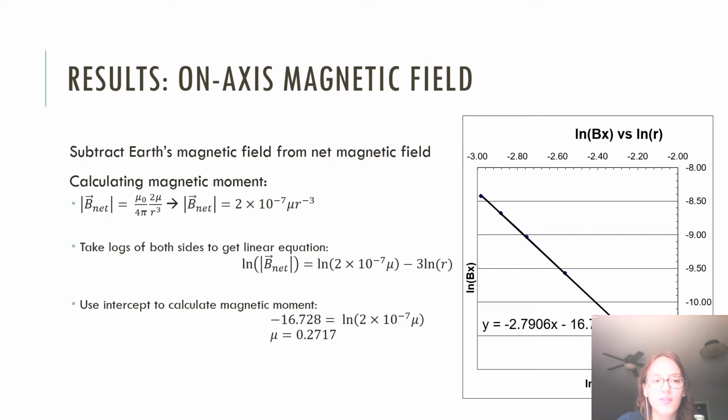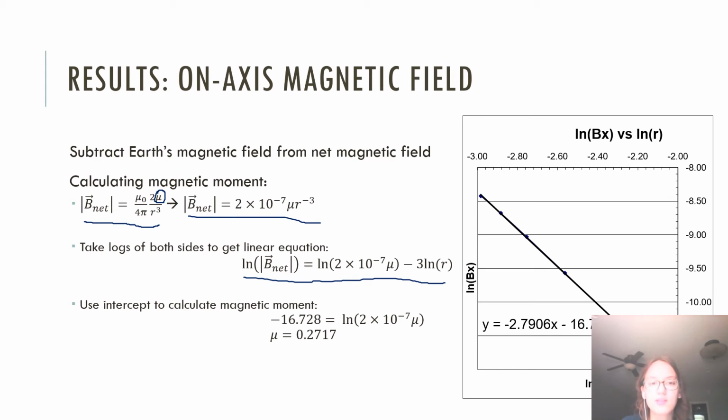If you remember, I used this equation right here, which includes the magnetic moment and the magnitude of the magnetic field, and I rearranged some terms and substituted 10 to the negative 7 for mu0 over 4 pi to get this equation. After taking the logs of both sides, you get this equation.